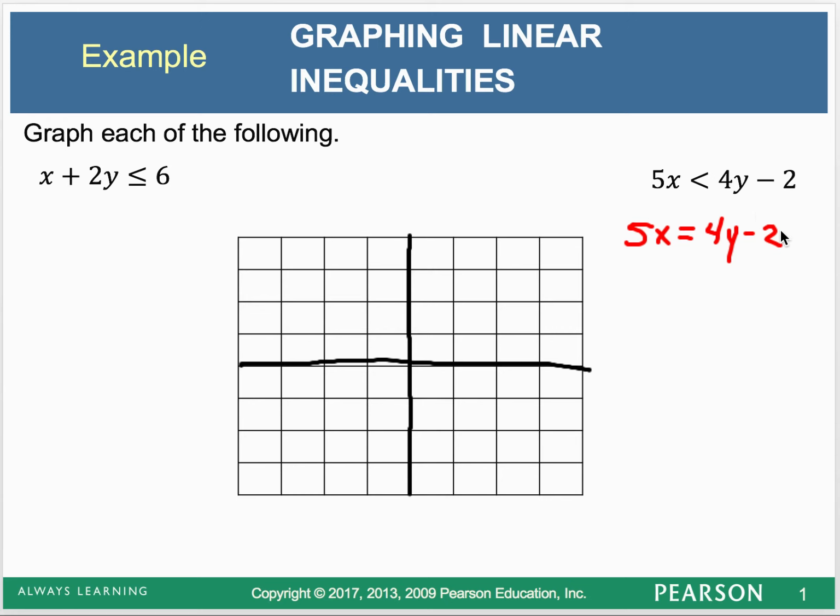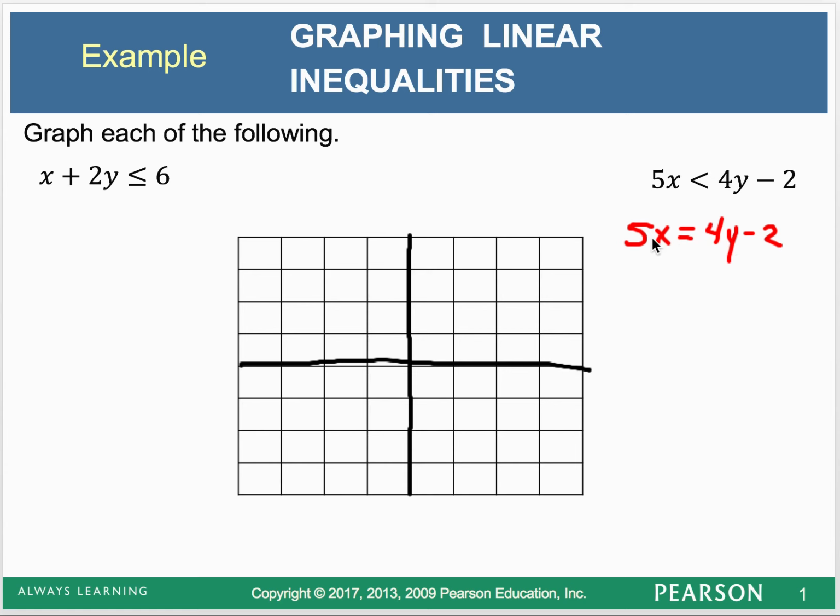Now this one doesn't say or equal, so the actual line's not going to be part of my solution, but it's still going to be the boundary. It's going to go all the way up to where it's equal. Just don't count the part that's equal. So instead of a solid line, we indicate that by a dotted line, but it's still going to be our boundary.